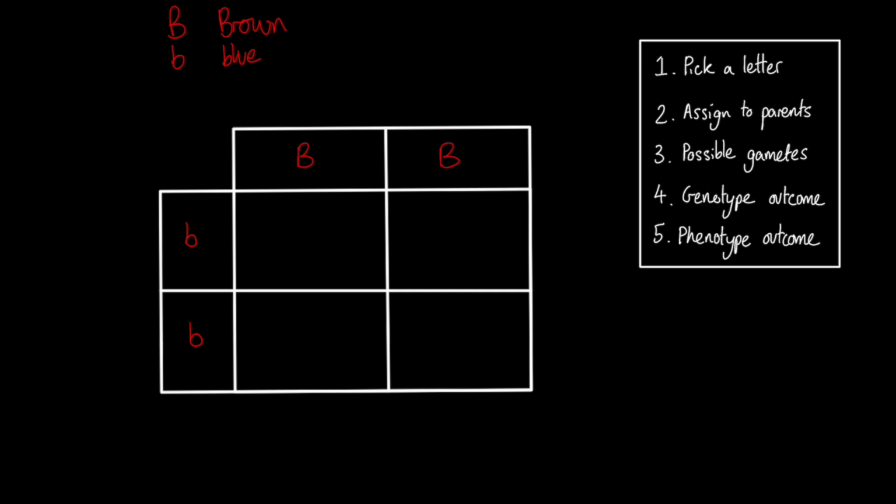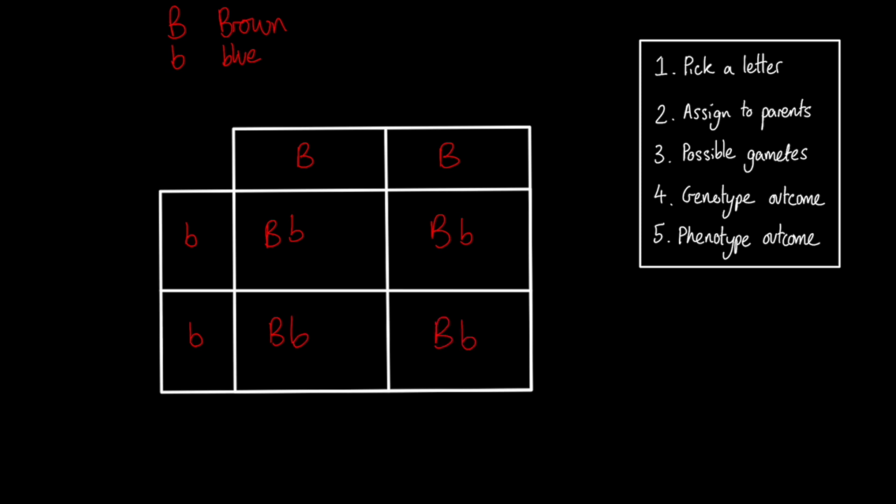Then we work out what is the genotype outcome. So the genotype is the genetic makeup for this certain section. We can match up how we go in our little Punnett square, that's what this diagram is called. And so we have a big B from the top, a little b from the side, and we have that for every single outcome.